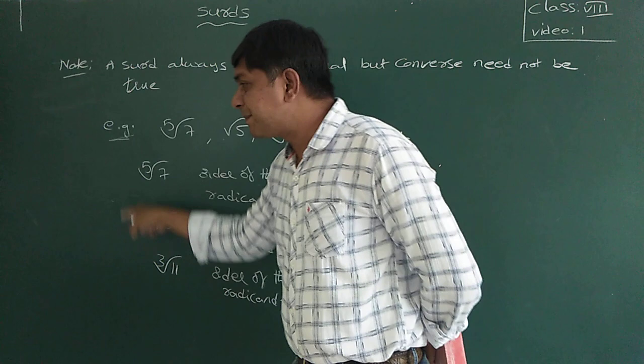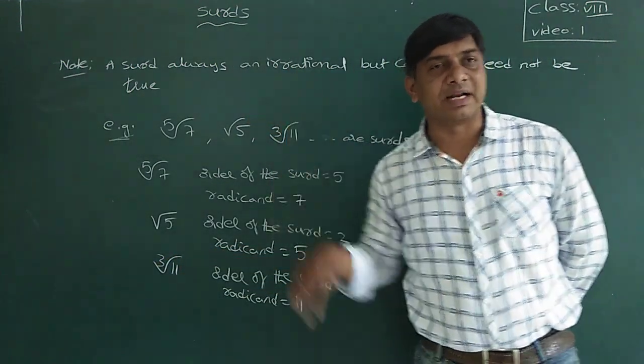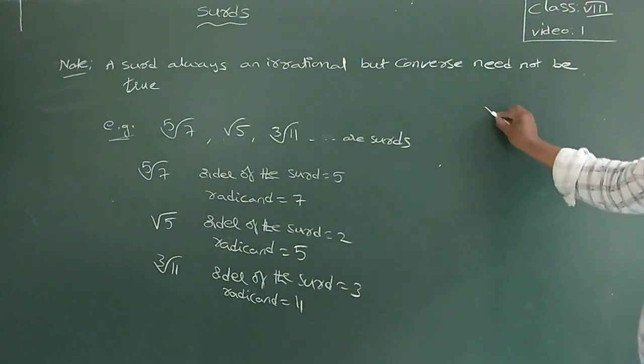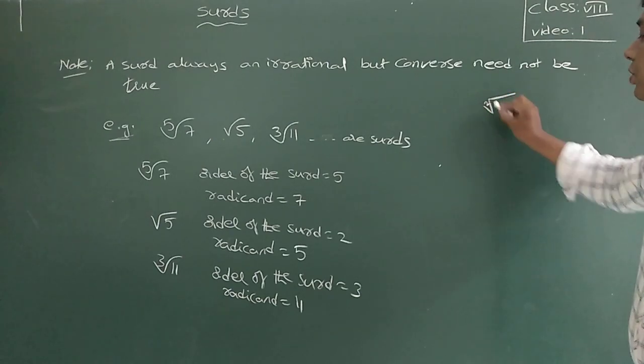So you never get an order of 1, because it starts from 2 only. If they don't mention anything in the root, by default we take it as a square root, 2.